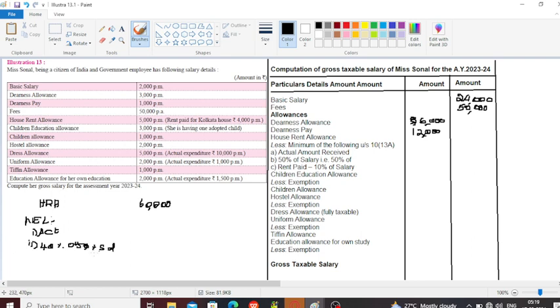and the next one is rent paid minus 10 percentage of salary.